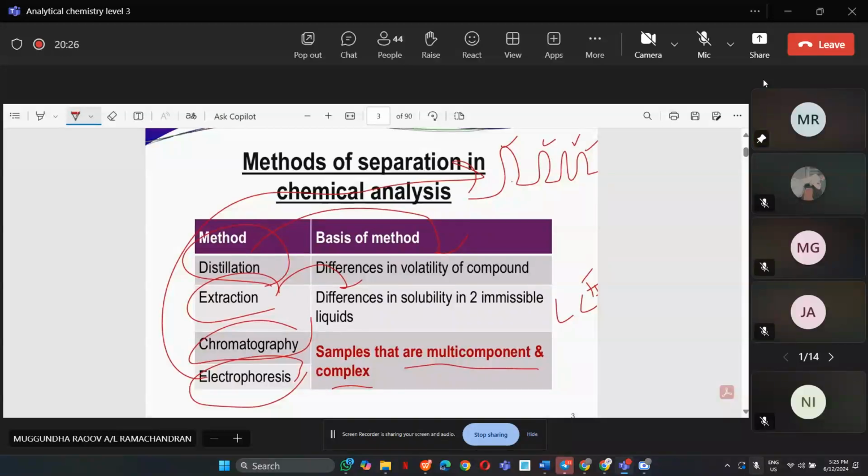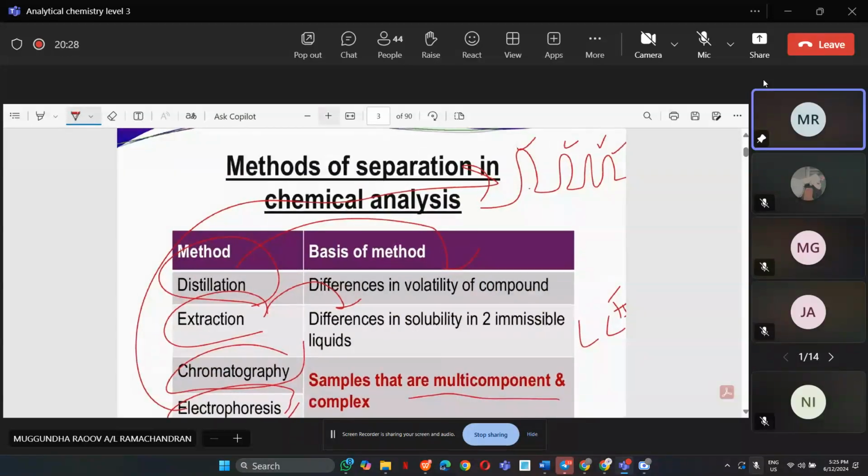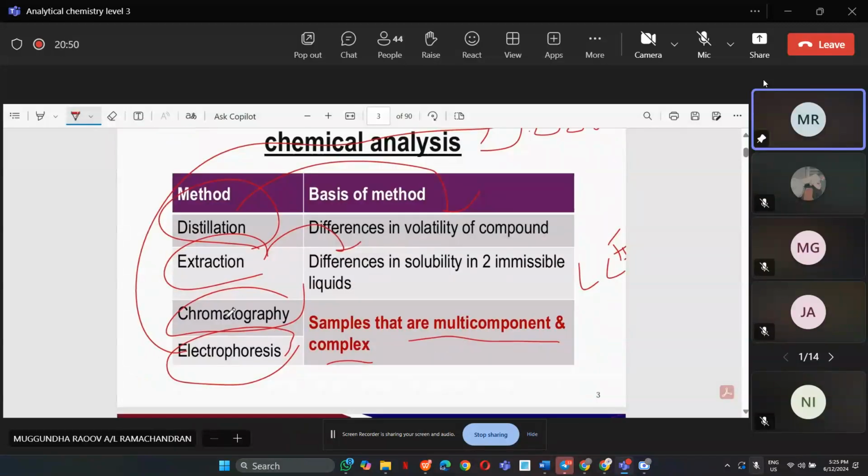Take parabens, the simple ones you are using in your practical: methyl paraben, ethyl paraben, propyl paraben, and benzyl paraben. We can actually separate them in just one run, in a mixture, into different components. That is the advantage of this chromatography method.